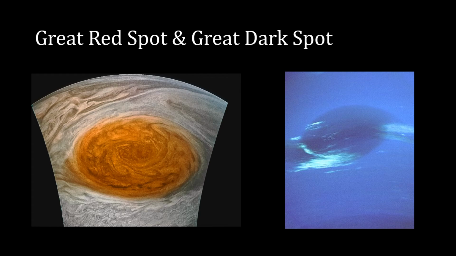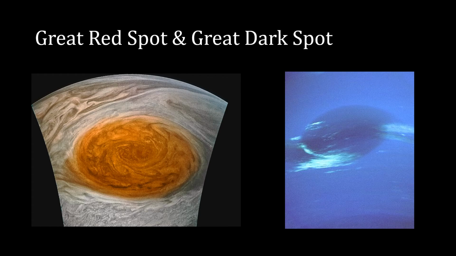And a couple of interesting things, because it wouldn't be a complete discussion of the solar system without looking at these two things. The picture on the left is of the Great Red Spot on Jupiter, and the picture on the right is the Great Dark Spot on Neptune.